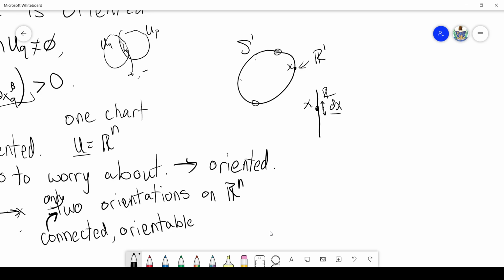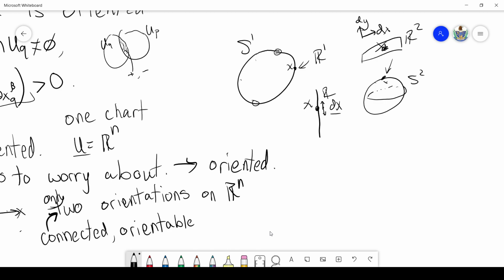Similarly, if we were dealing with the sphere, and we looked at a point, this is S2, locally, around this point is going to look like R2, and R2 has a tangent space given by dx and dy.